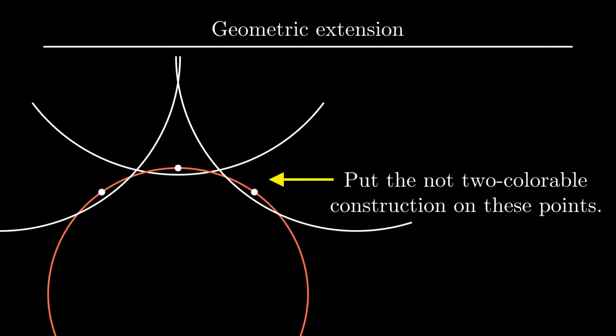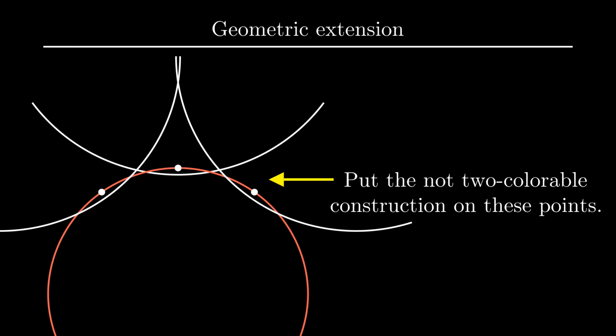This is why we needed this special construction for the non-two-colorable case, because we want the disks to be separated from the other parts of our drawing. So this extension can be done geometrically, and hence we can build a point set that is not three-colorable and the hypergraph is m-uniform.